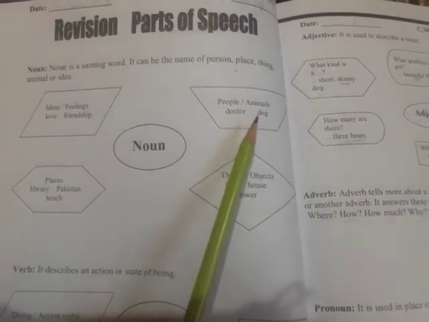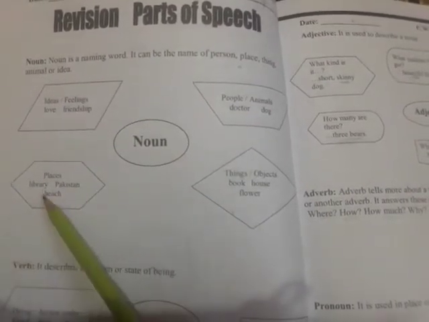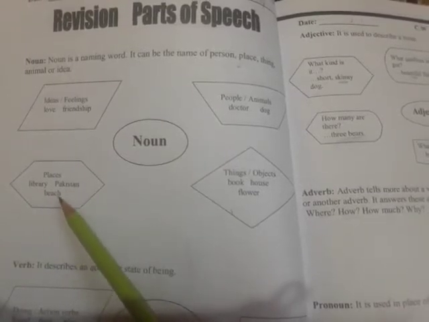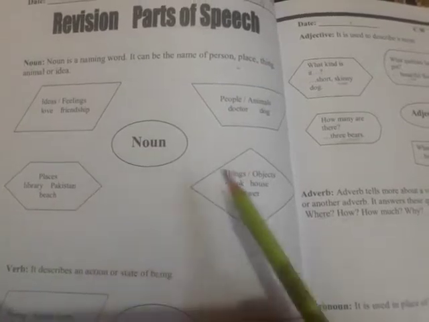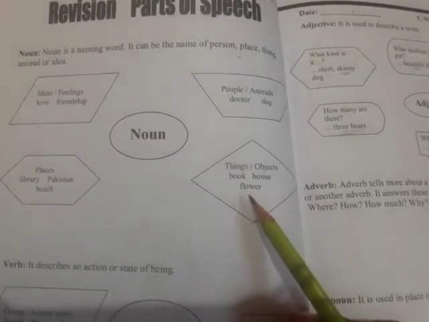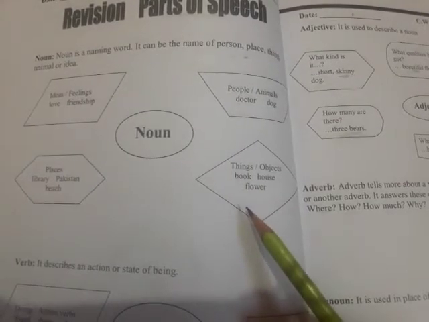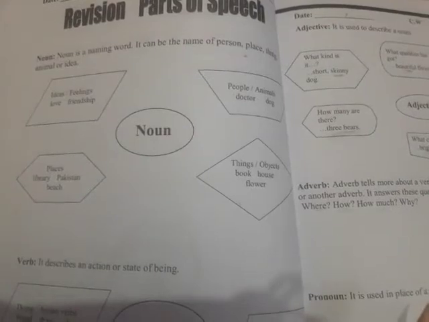Animals: dog, fish, cat. Places: library, Pakistan, beach, zoo, museum, garden. Things are objects: book, house, flower, pencil, table. So these all are examples of noun.